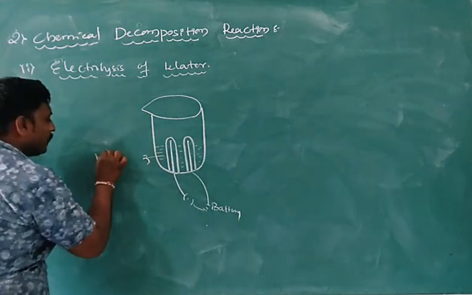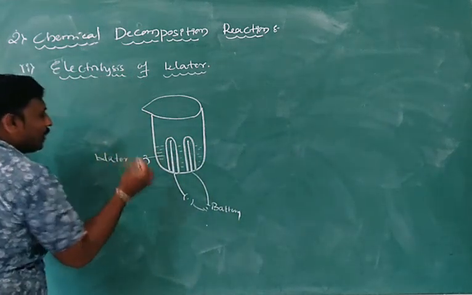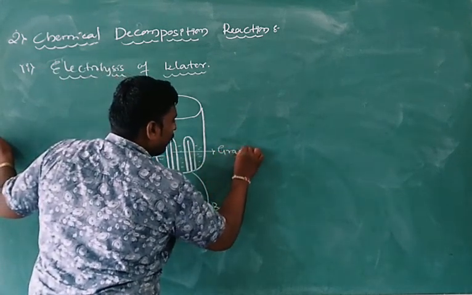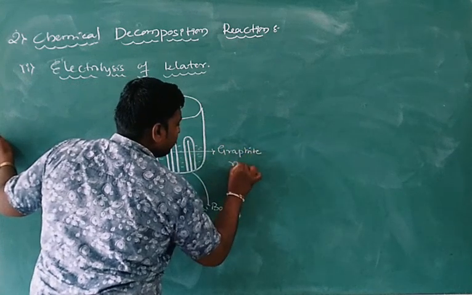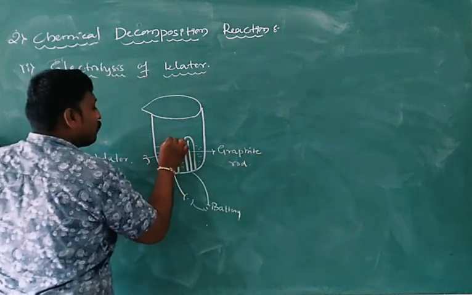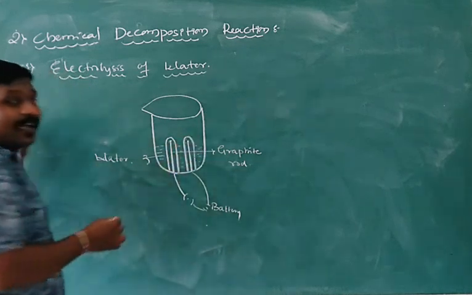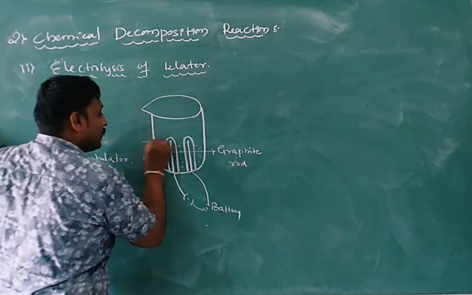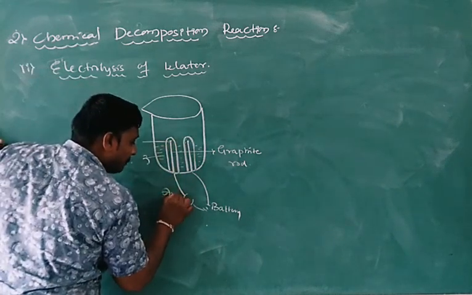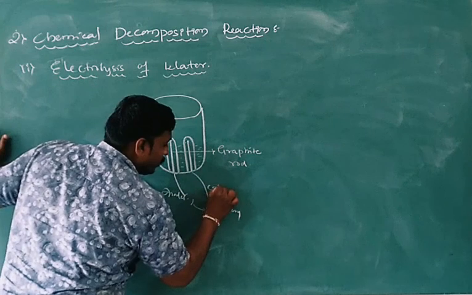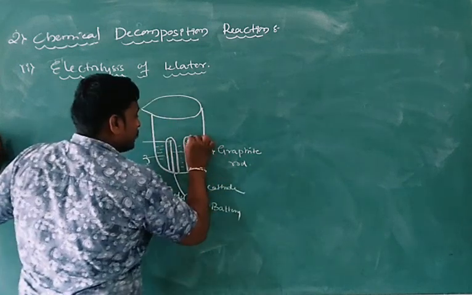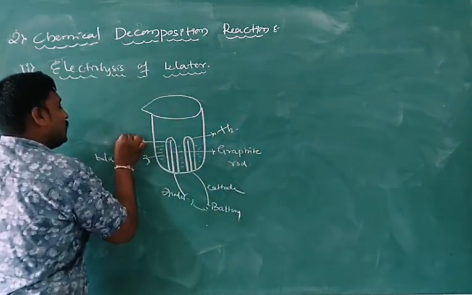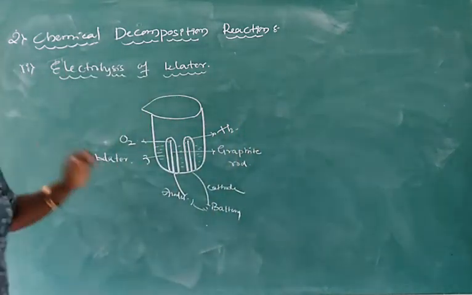The mug is half filled with water, with graphite rods as electrodes. Formation of bubbles is seen in the 2 inverted test tubes, at the anode and cathode sides. Here hydrogen bubbles are formed, and here oxygen bubbles are formed.